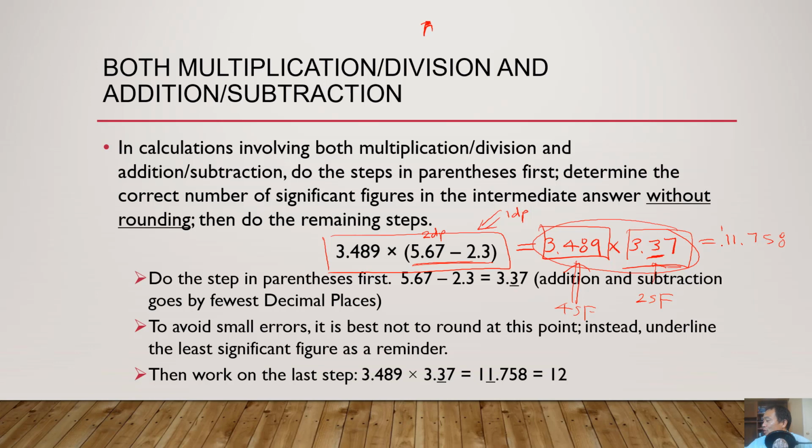So your result, 11.758, should be rounded to 2 sig figs, and that means you round it to this number 1 over here. So when you record it, it becomes 12. The whole procedure is explained in much detail on this page, so you can also read it on your own.